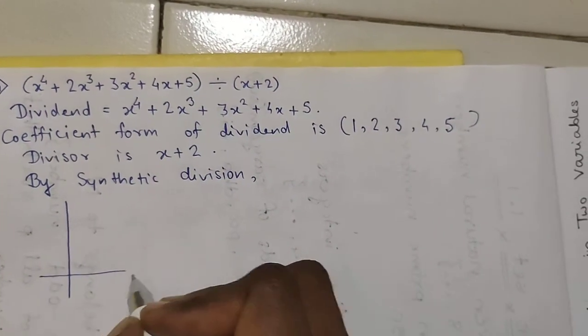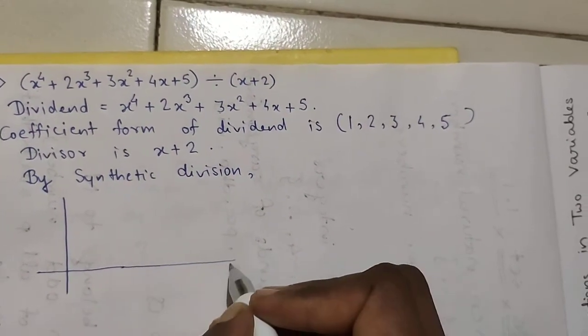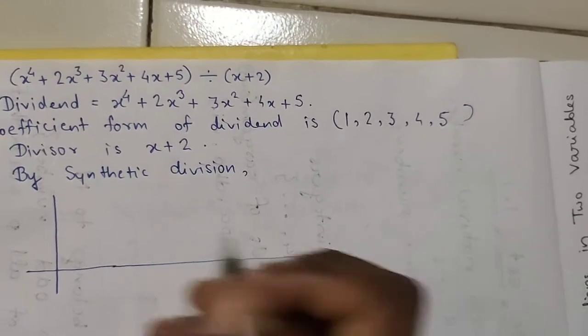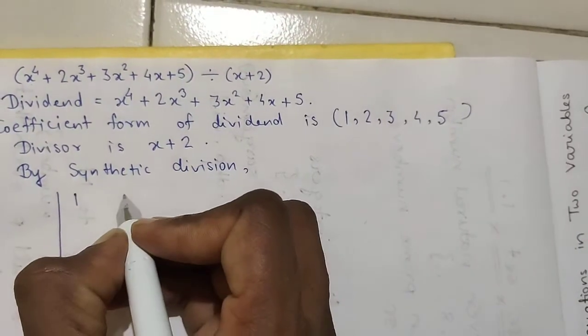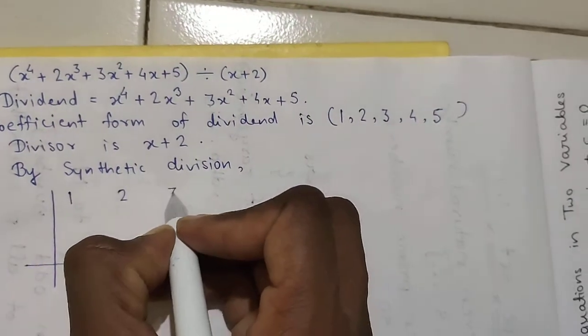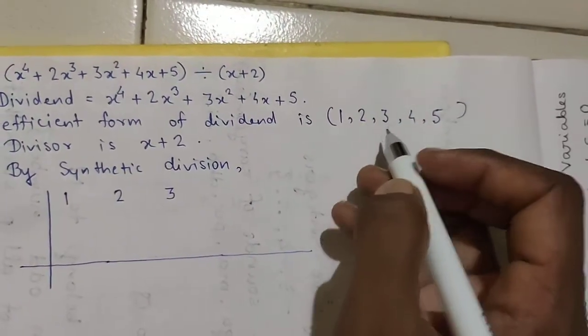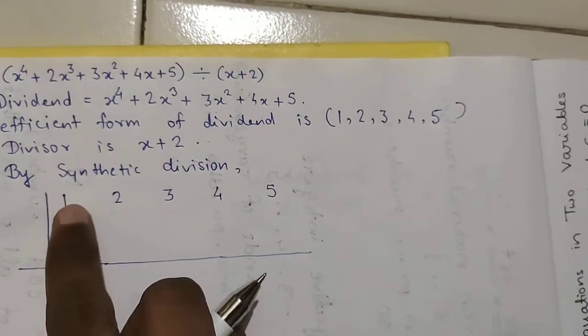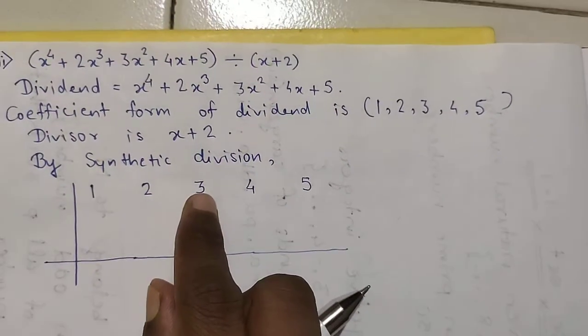First draw the lines, horizontal as well as vertical. Now write this coefficient form here and leave proper space in between: 1, 2, 3, then 4 and 5. Leave proper space in between the numbers.